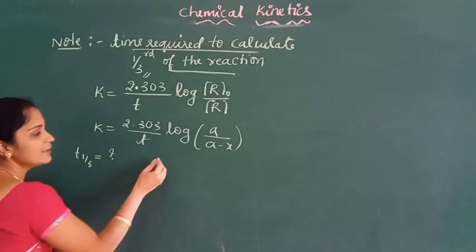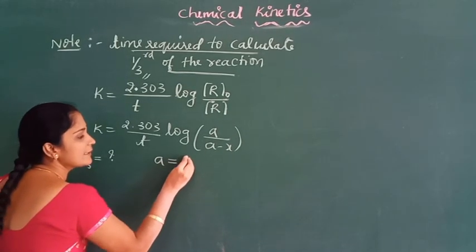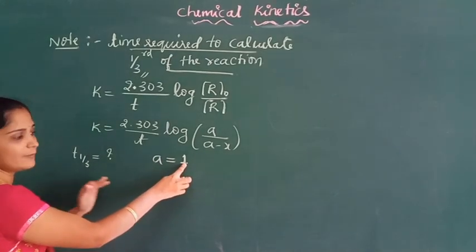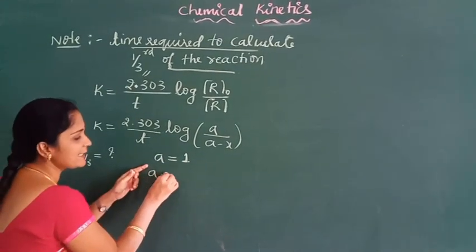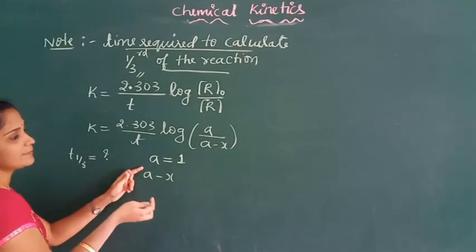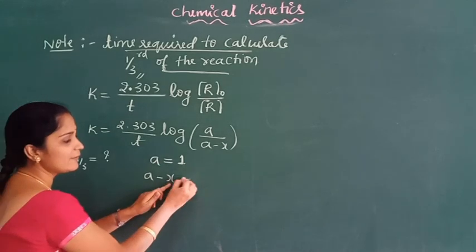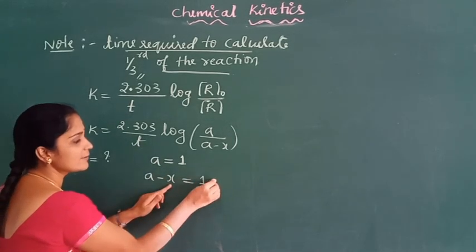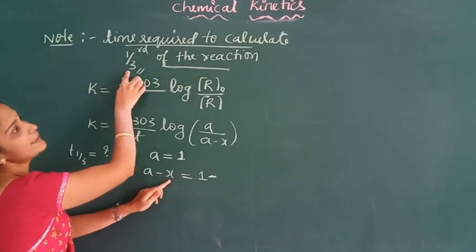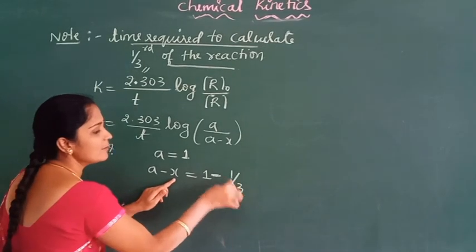Given: let us take the initial concentration a as 1. a minus x is the concentration of the reactant at any time. The time required to complete 1/3 of the reaction means the reaction is completed 1/3.